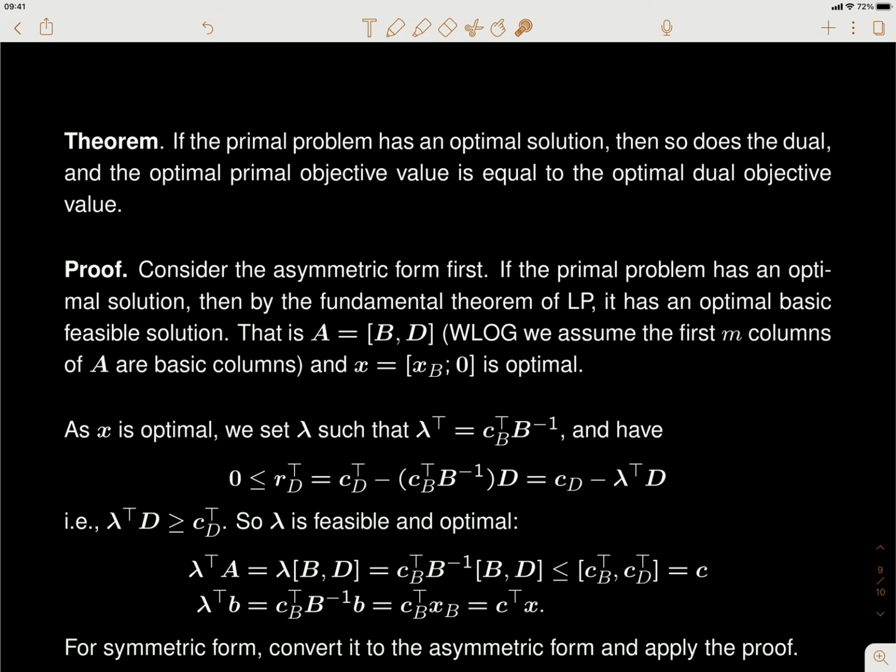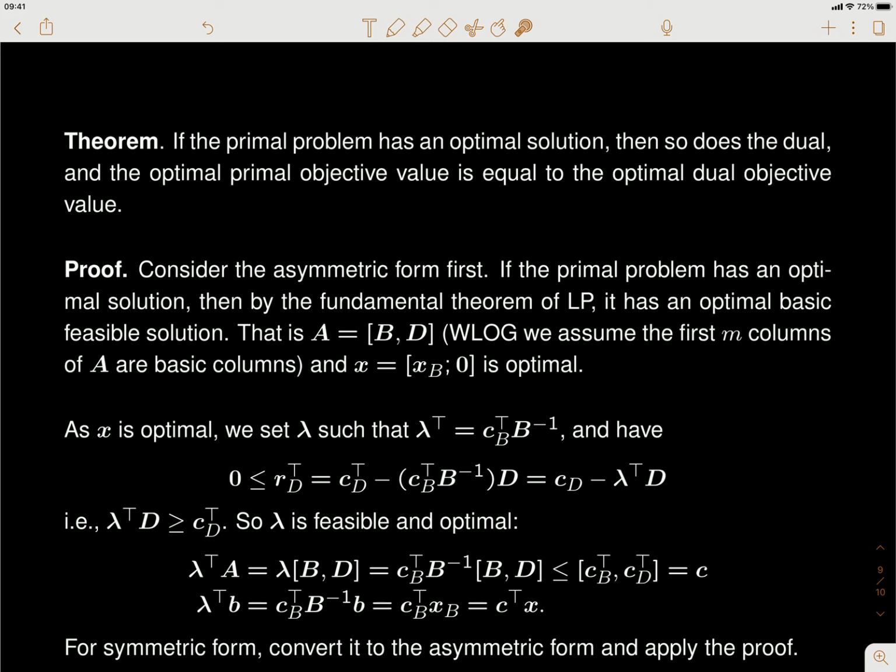So how do we prove this? Let's first consider the asymmetric form, meaning the primal problem has the standard form of an LP. In this case, by the fundamental theorem of linear programming, we know there must be an optimal basic feasible point. This is what we showed in the previous chapter.